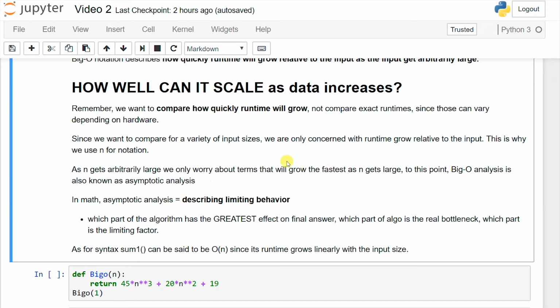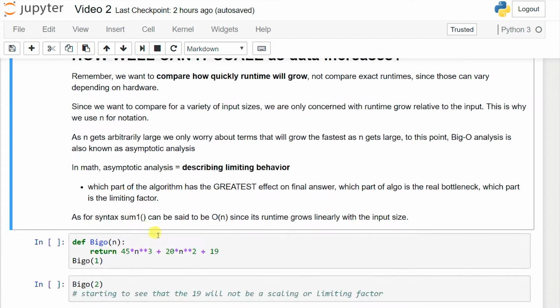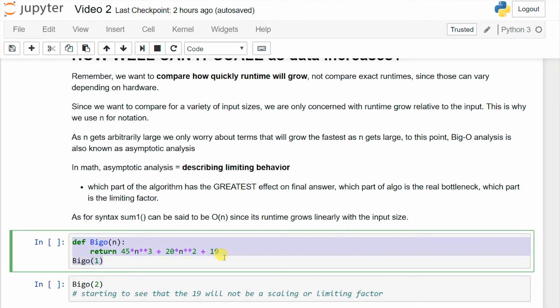And in math, this idea is called asymptotic analysis, which is just describing limiting behavior. So it's kind of looking at the whole picture. So we're going to get to this in a second. Asymptotic analysis is looking at this return here and pretty much saying, who's the limiting factor in here? Who's going to limit what my n is going to be able to do?